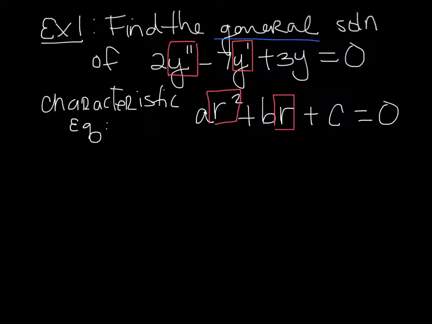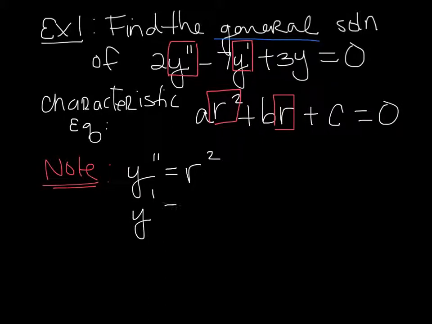So I want you to note what we're really doing here is saying y double prime is equal to r squared, y prime is equal to r, and then we fill in our substitutions.